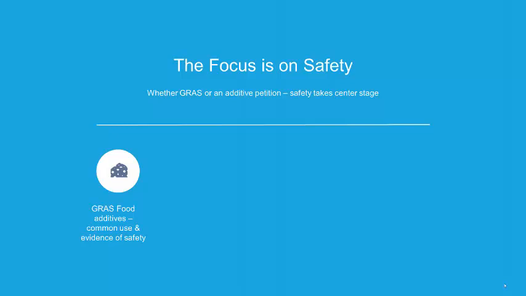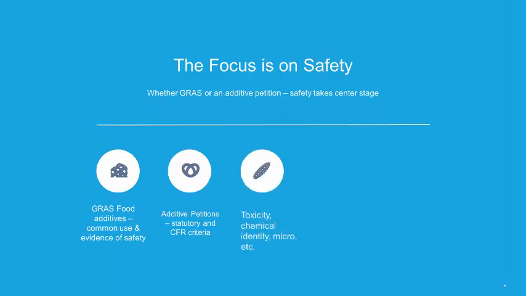And in GRAS, we're looking at safety through common use, evidence of safety, and we've done that comparison to food additive petitions. With the additive petitions, both for food and for color, we're looking at the statutory criteria that was provided in the amendment. We looked at the CFR criteria that was specific for those two categories, how we define safety, and looking at toxicity, chemical identity.